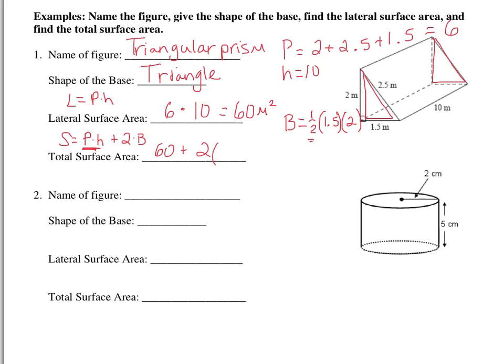So my capital B comes out to 1.5 times 2, add 60 to it, and I get 63 meters squared for the total surface area. So really the bases are the smallest portion on this, because the bases themselves are only 3 square meters, and that's it. The rest of it is the lateral surface area.